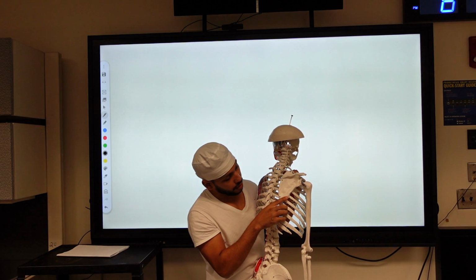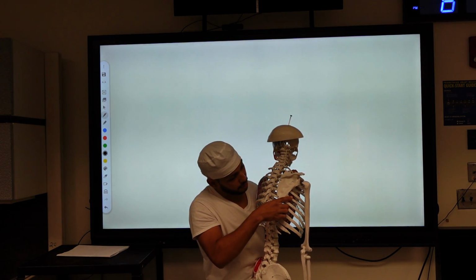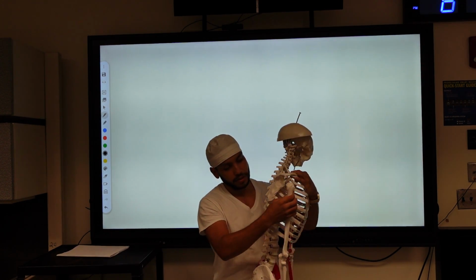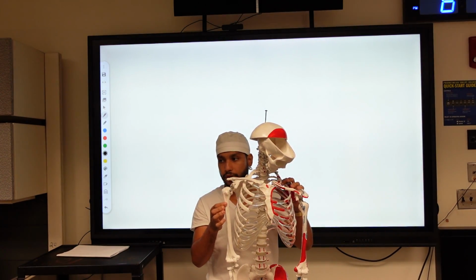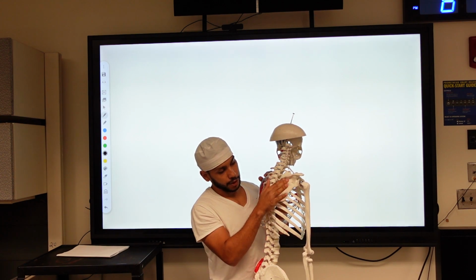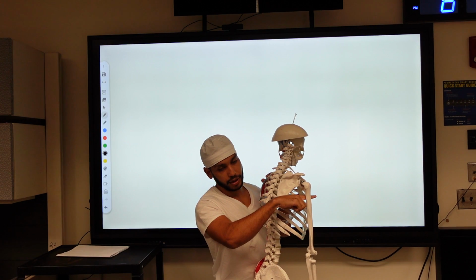It comes off the inferior angle of the scapula, but it runs anteriorly to attach to the anterior face of the humerus on the bicipital groove. So it comes from the same area as the infraspinatus and teres minor, but doesn't go to the same place.